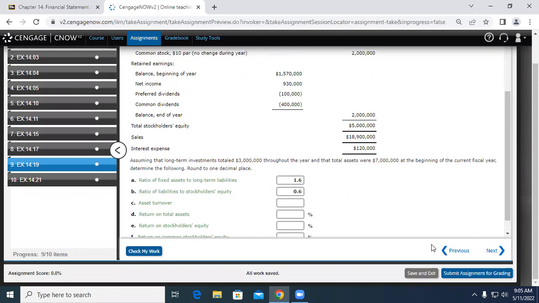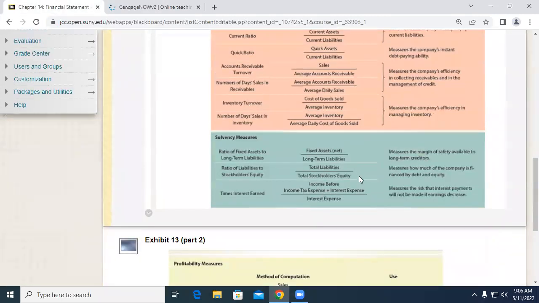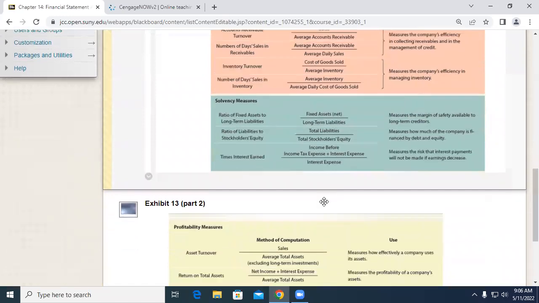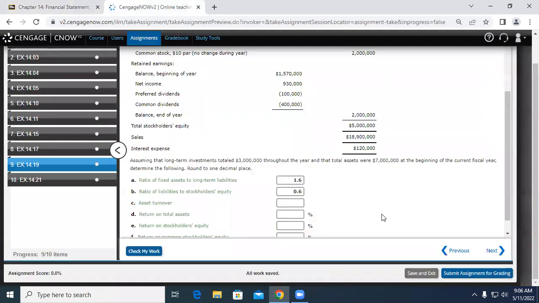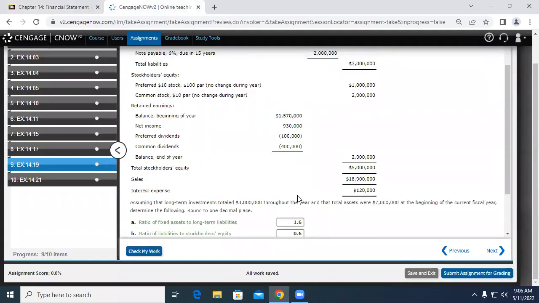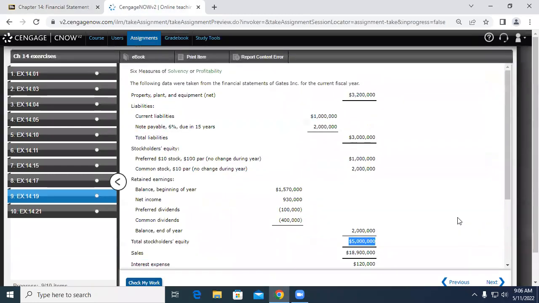For return on stockholders' equity, the calculation is net income divided by average total stockholders' equity. Again, in case you're wondering where I'm getting those, all of these formulas are here in Blackboard. So right here, net income divided by average total stockholders' equity. So here's our total stockholders' equity from the end of the year, but it doesn't tell us what it was at the beginning of the year. We might need to figure that out.